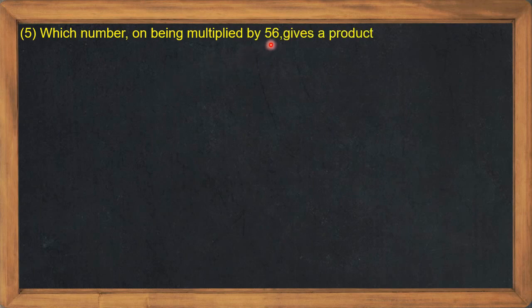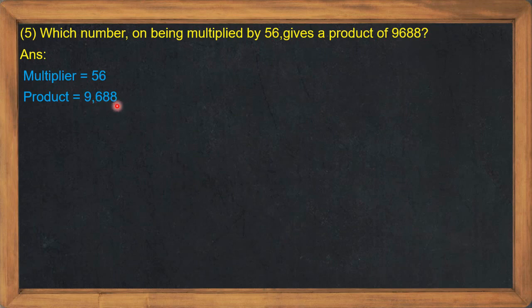Next question is, which number on being multiplied by 56 gives a product of 9,688. Here we have multiplier equal to 56 and the product is 9,688, and we have to find out the multiplicand. As we all know, multiplicand into multiplier is equal to the product.